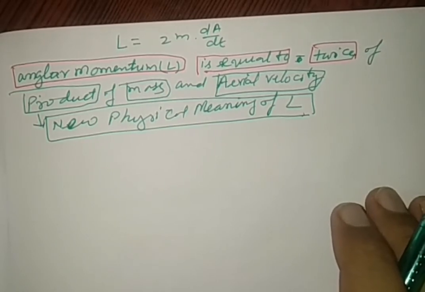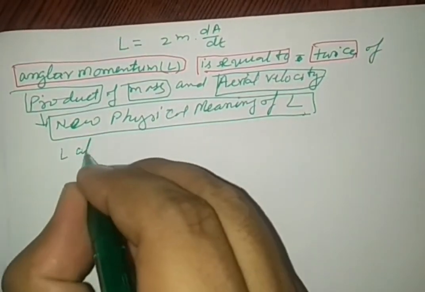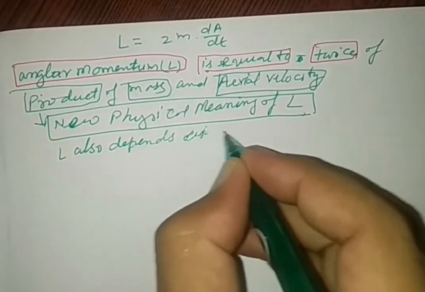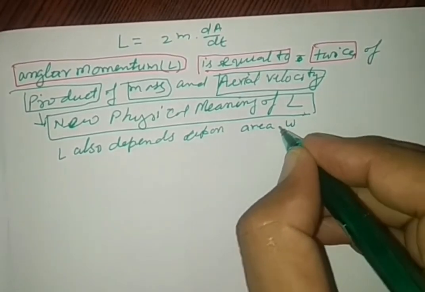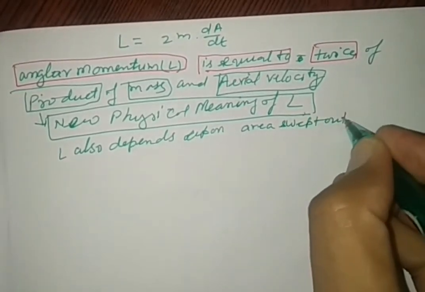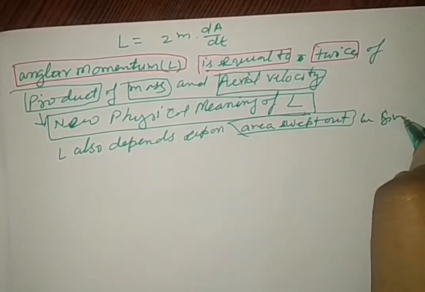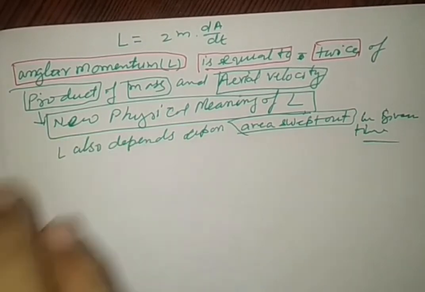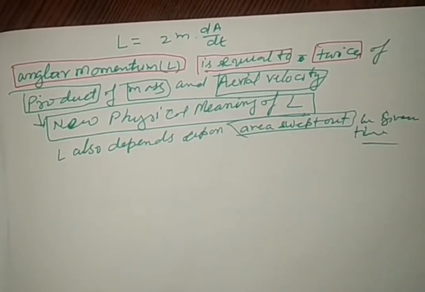So L also depends upon the area swept out in a given time. So a number of meanings are here in front of you to understand.